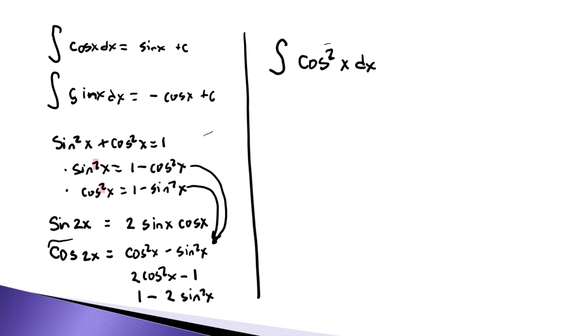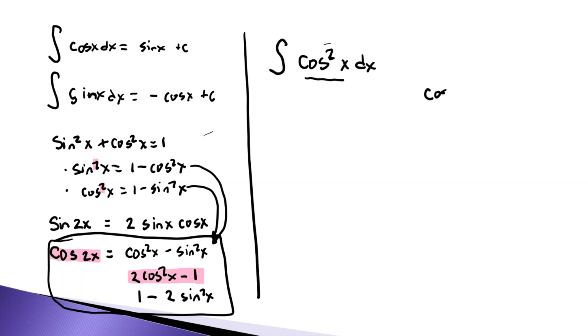Instead, I'm going to use the double angle identities with cosine. Now, I've got a cosine squared of x, so in particular, I'm going to use this one: cosine of 2x equals 2 cosine squared minus 1. I'm going to solve that equation for cosine squared of x. So cosine 2x equals 2 cosine squared x minus 1.